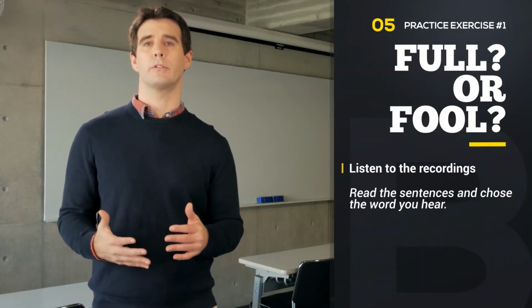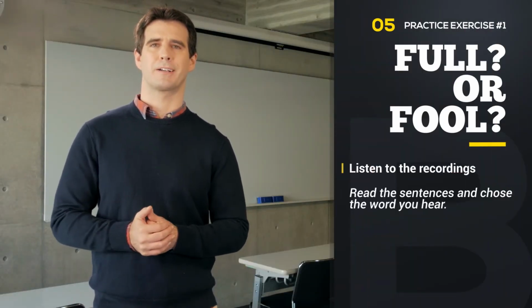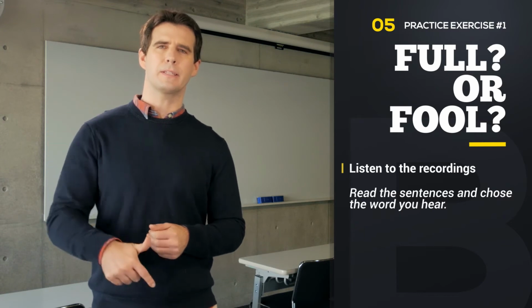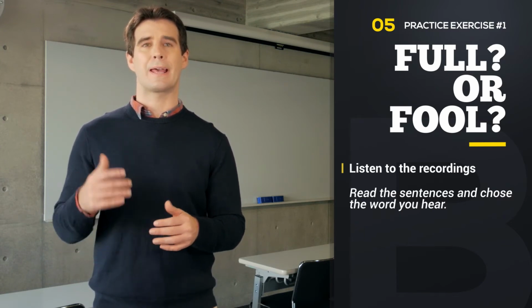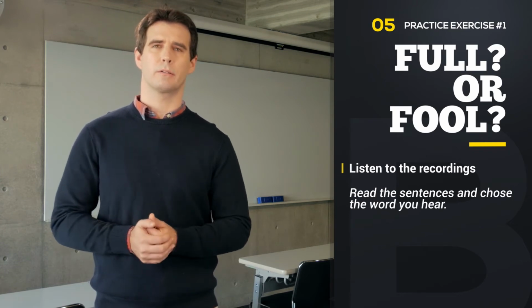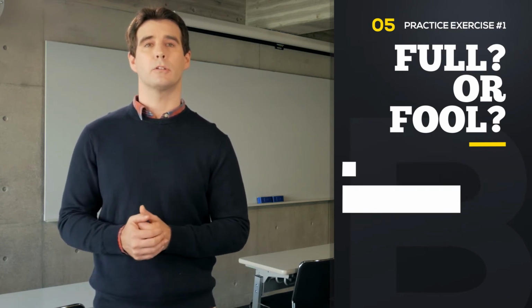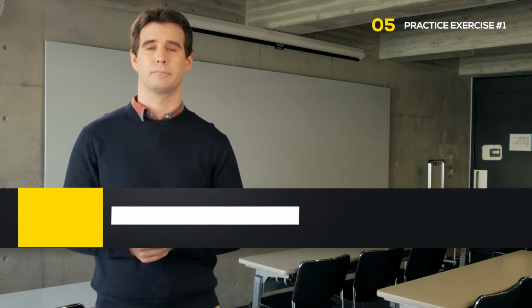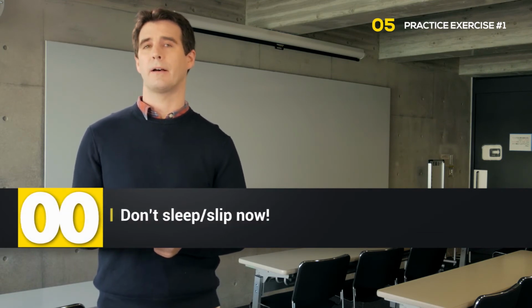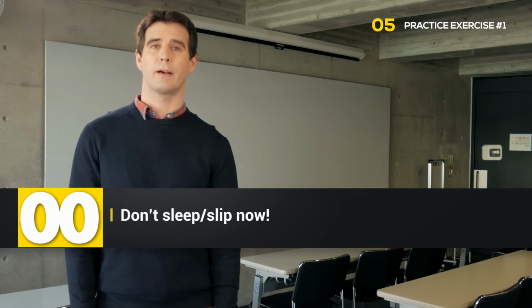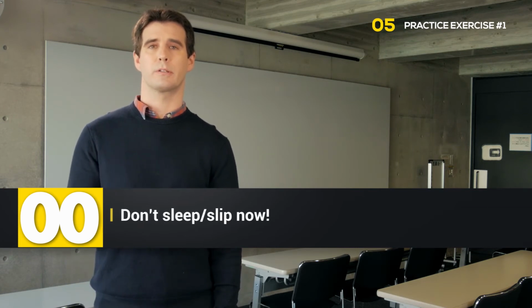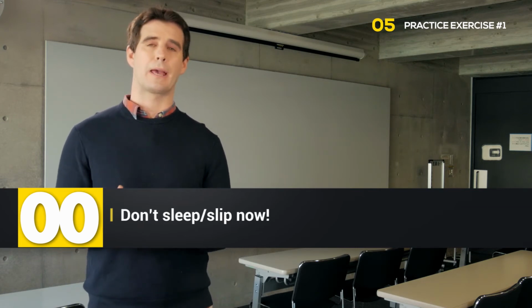Now we are going to do some practice. Good luck. In this exercise, I want you to listen to a sentence and circle the words you hear. Let's take a look at an example. Here we have our sentence. And here we have two different words, sleep and slip.